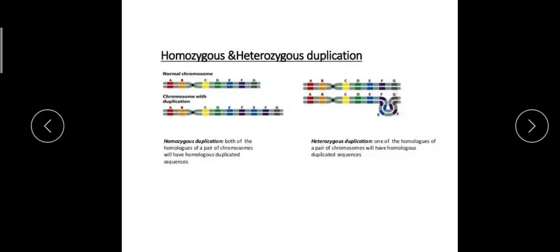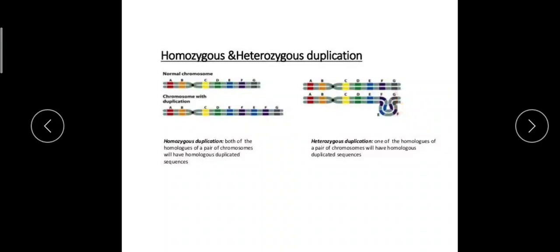The narrowness of the bar eye is proportional to the number of duplications in the bar locus. In duplication heterozygotes, the eye becomes much smaller and narrower than the normal one, and this is the bar eye character. So it is a classical example for tandem duplication. In duplication homozygotes, it becomes extremely small and narrow, and that case is called double bar eye.